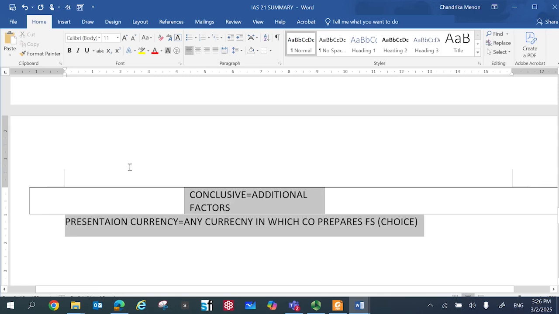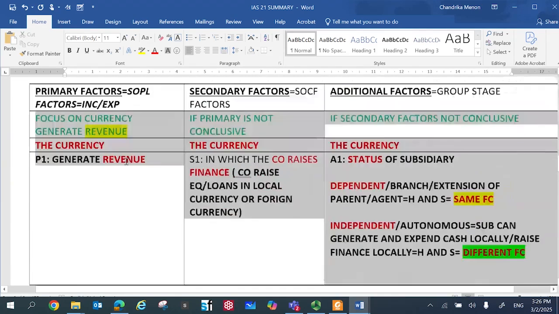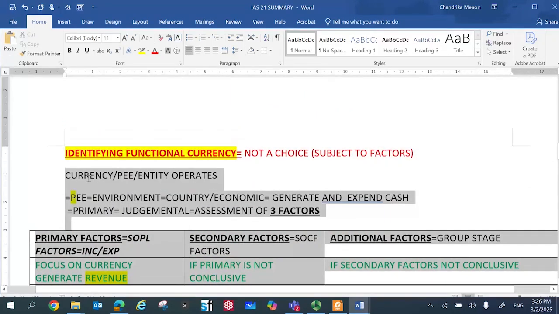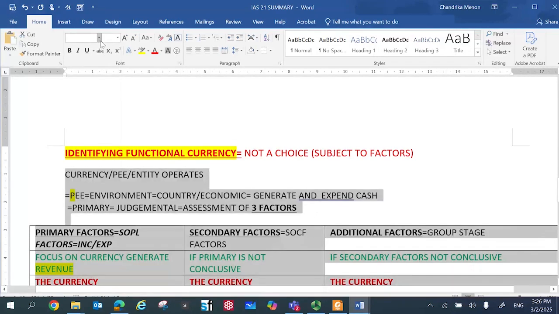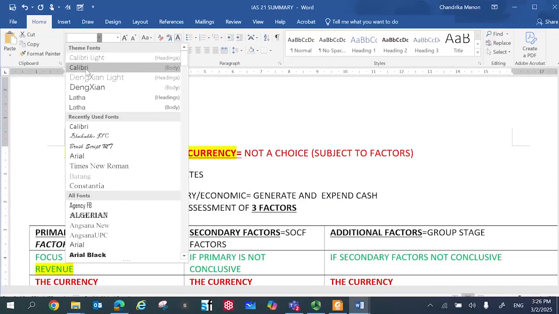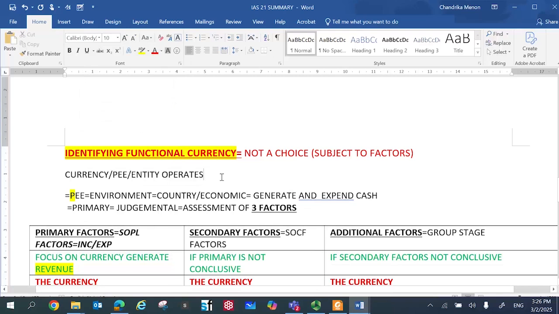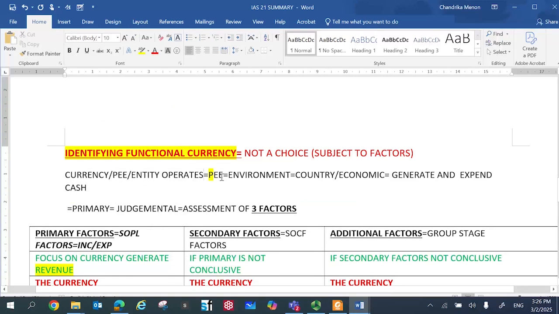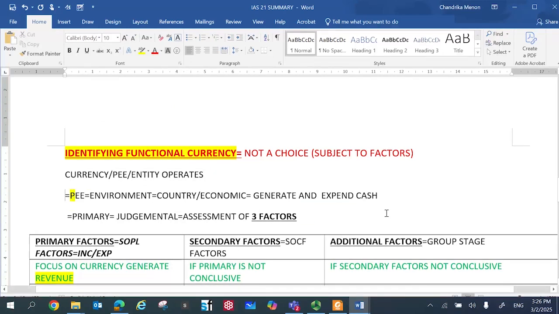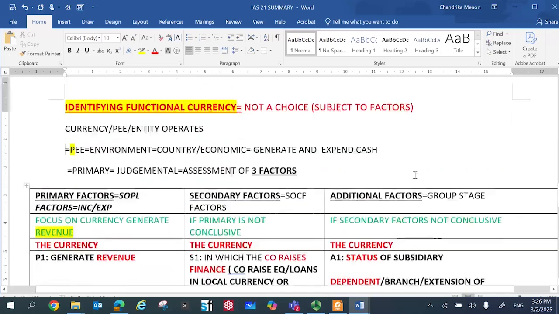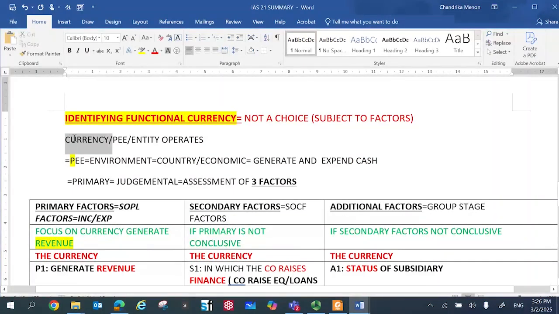So, where do you think majority exam questions will be? Majority exam questions will of course be asking you to determine the functional currency. So, always you start with this word.